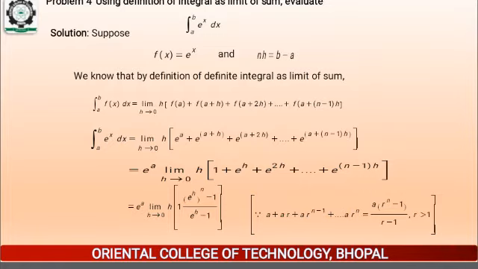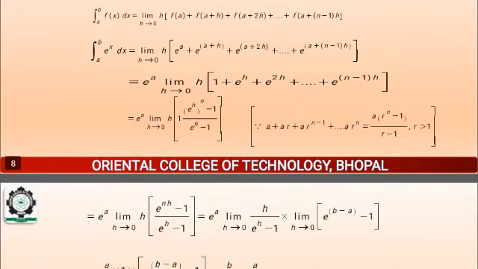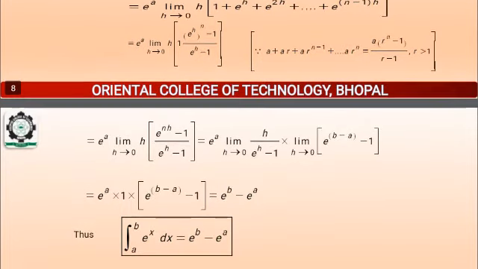This is a geometric progression. According to geometric progression, the sum of n terms can be written as a(r to the power n minus 1) upon (r minus 1). So according to this, (e to the power h)^n minus 1 upon e to the power h minus 1. e to the power nh can be written as e to the power (b minus a), and (e to the power h minus 1) upon h will be 1, as we know by the first principle derivative formula.